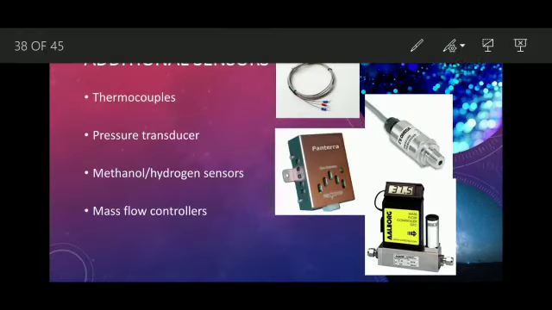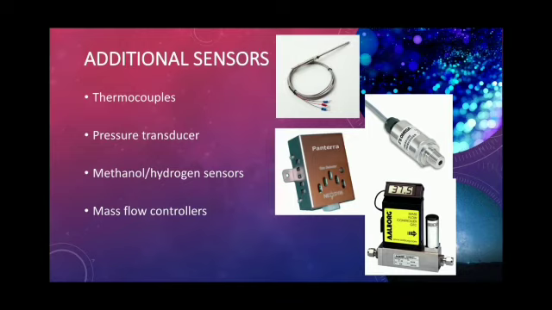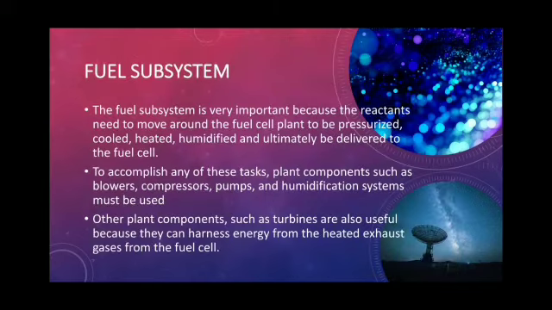There are a few additional sensors that are used in the fuel cell configuration, such as thermocouples, pressure transducer, methanol or hydrogen sensor, and mass flow controller. In a fuel cell, there is a fuel subsystem. The fuel subsystem is very important because the reactant needs to move around the fuel cell to be pressurized, cooled, heated, and humidified before ultimately being delivered to the fuel cell.